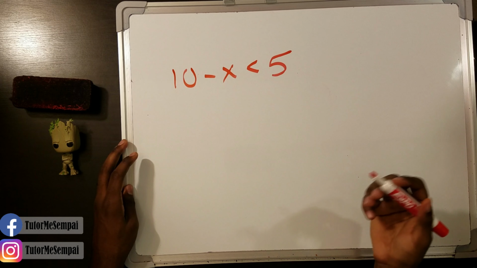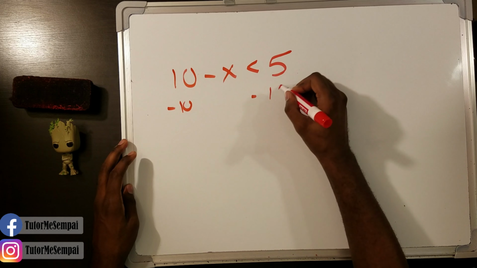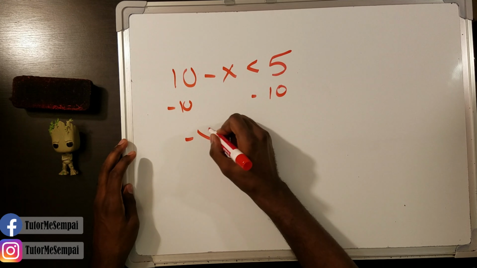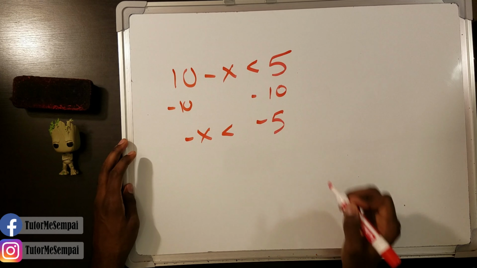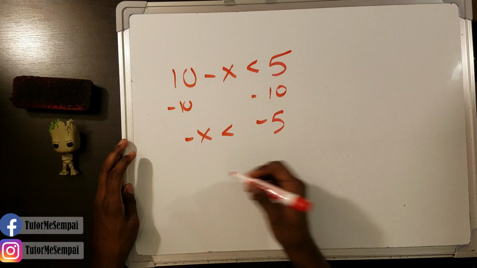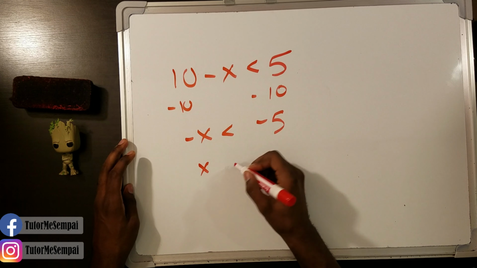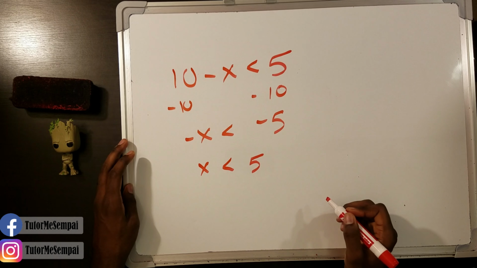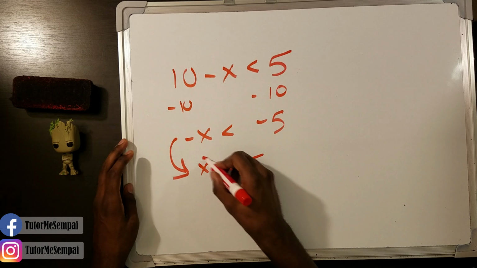So if you were to try to solve this the same way, you would then subtract 10 from both sides, and you'd be left with a negative x less than a negative 5. And then you would divide by negative 1 so you can have x by itself, right? However, this step here is wrong.